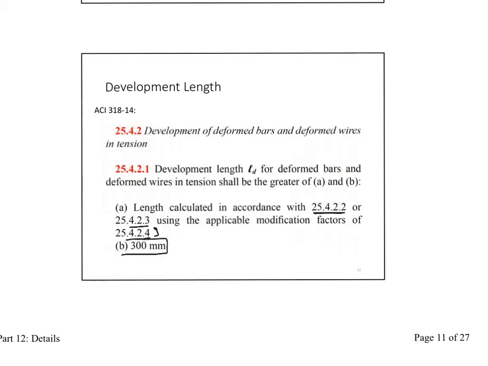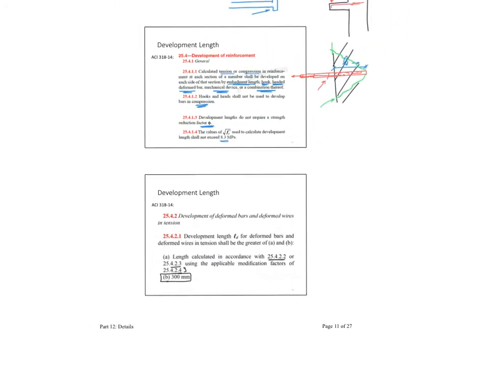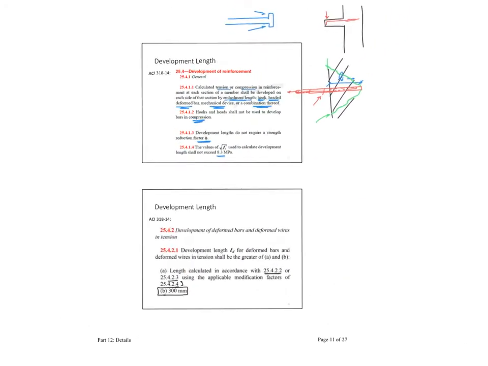Or 300 millimeters. So by any means, if you get an Ld that is less than 300, we use the 300. Okay? So let's put this at the back of our minds: we cannot develop a bar less than 30 centimeters. That's about the 12-inch ruler that we use. Okay? Now what are those provisions talking about?